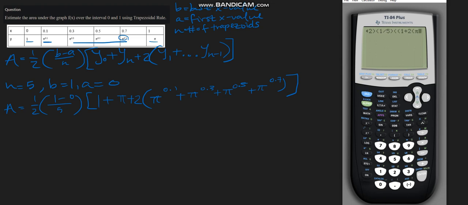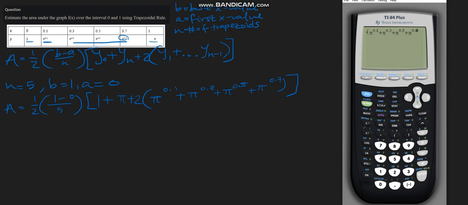So pi to the power of 0.1. Let's go plus pi to the power of 0.3, plus pi to the power of 0.5, and then plus the final pi, which is pi to the power 0.7.